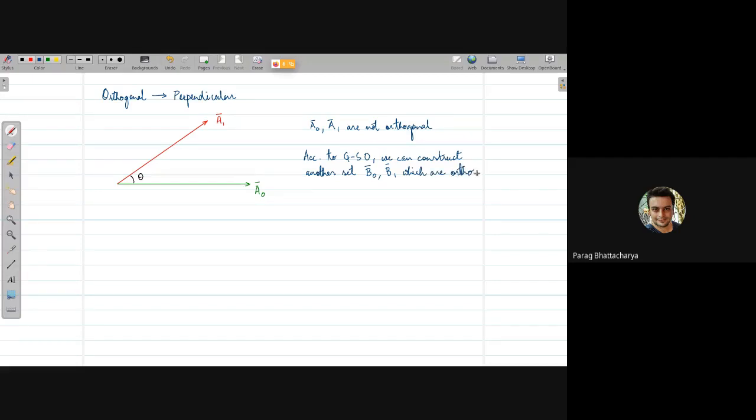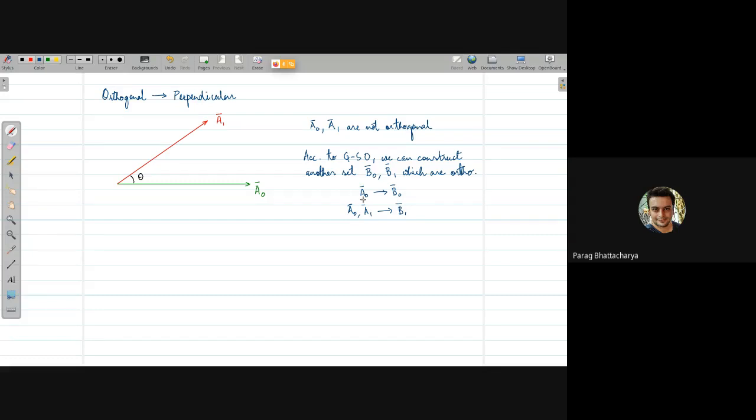A0 and A1 are not orthogonal, but from A0 and A1 we can construct B0 and B1. From A0 we get B0, and from A0 and A1 we can construct B1.